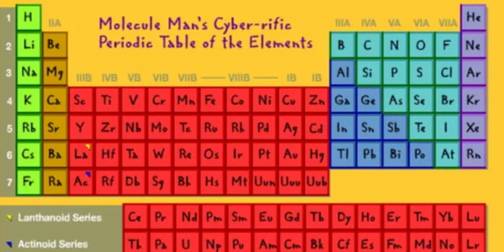Each column denotes a group. So this is group 1, this is group 2, group 3, group 4, group 5, group 6, 7 and 8. These other ones are not necessarily classified as groups. So have that in mind, that your main group elements are in columns 1 and 2 and 13 to 18.